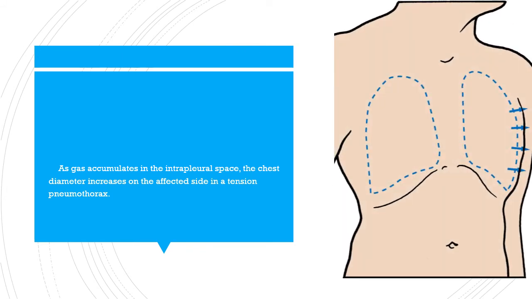As gas accumulates in the intrapleural space, the chest diameter increases on the affected side in a tension pneumothorax.